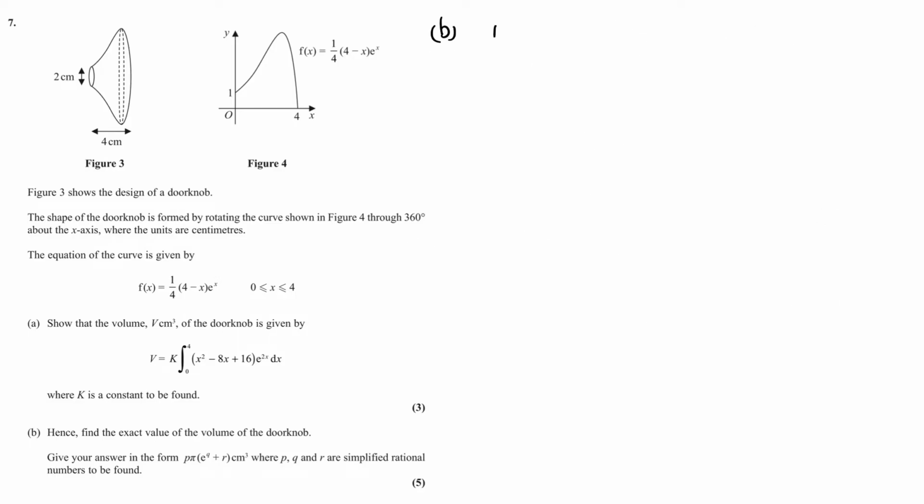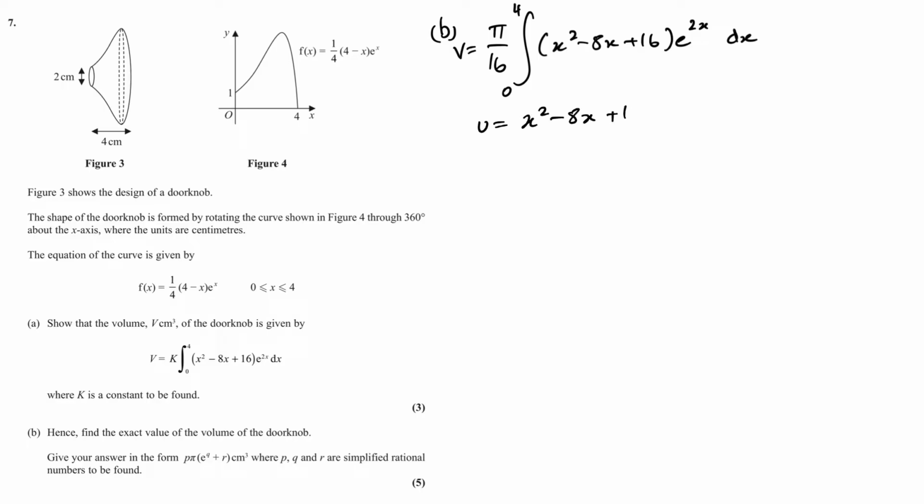Now for part B, we need to finish this off and actually integrate it. Now this is obviously integrating by parts here. So u equals x squared minus 8x plus 16, and dv by dx equals e to the 2x.